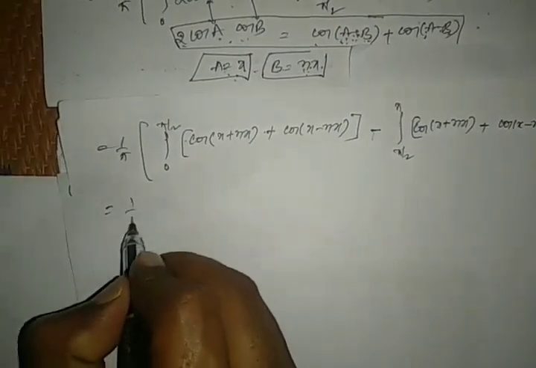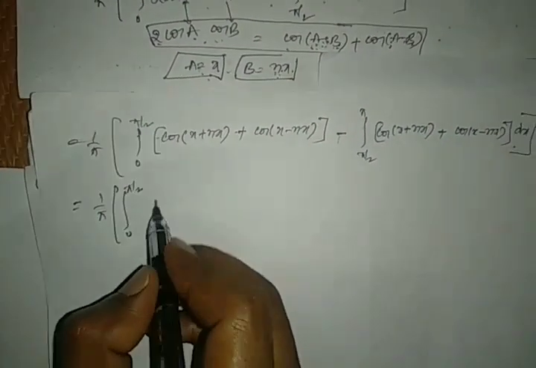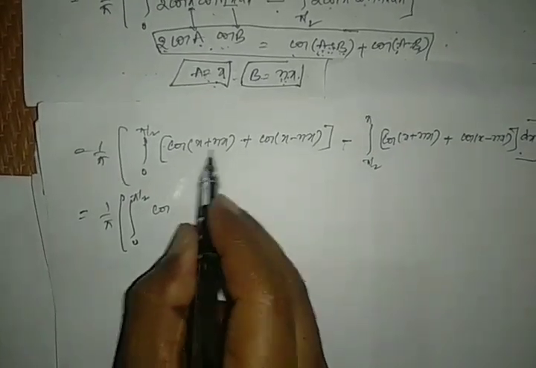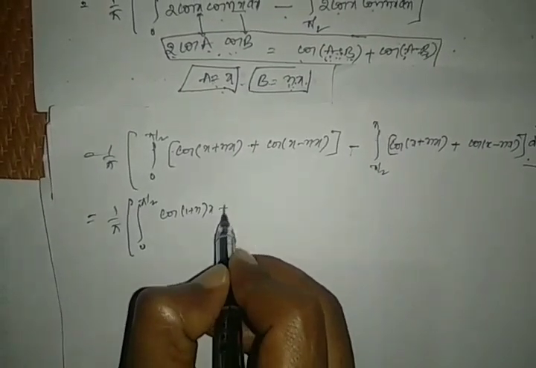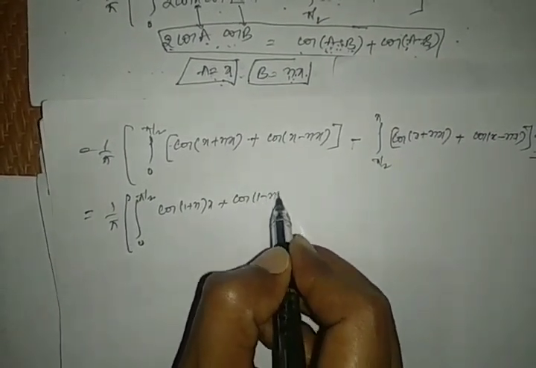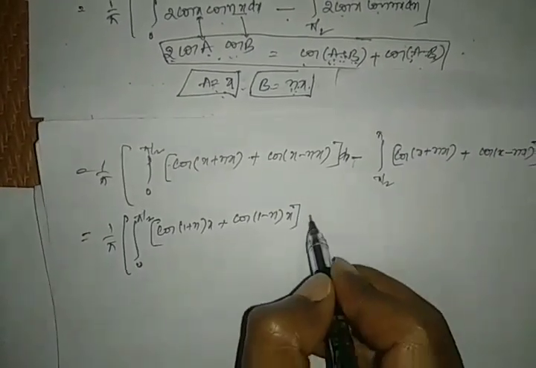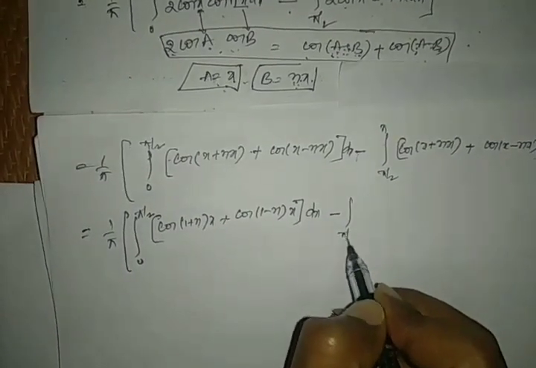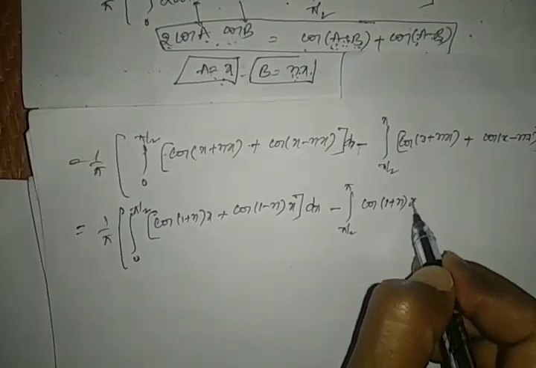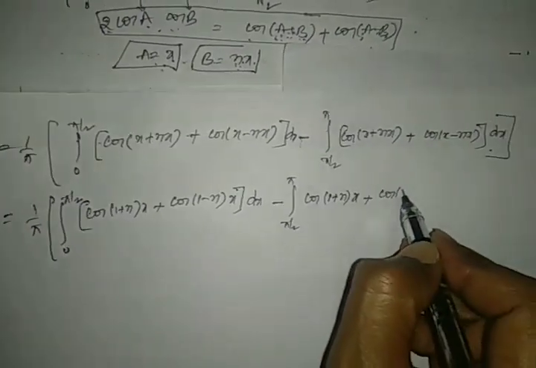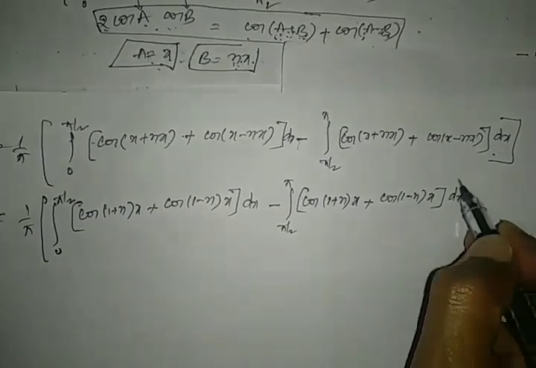Here that is equal to 1 by pi whole into integral 0 to pi by 2 cos of, x is common, 1 plus n into x plus cos of 1 minus n into x, into dx, minus integral pi by 2 to pi cos of 1 plus n into x plus cos of 1 minus n into x into dx.